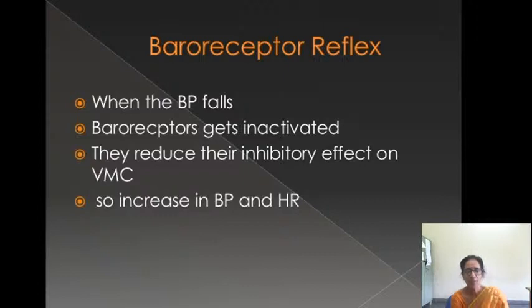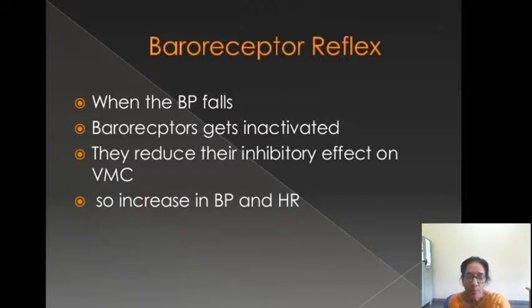When they are inactivated, the firing from the 9th and 10th cranial nerves to the nucleus tractus solitarius is also inhibited. This will stimulate your vasomotor center. Reducing the inhibitory effect or stimulating the vasomotor center is one and the same. So what does this vasomotor center do? It will do generalized vasoconstriction of all your arterioles and veins.